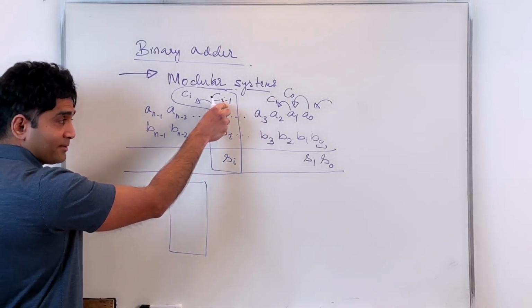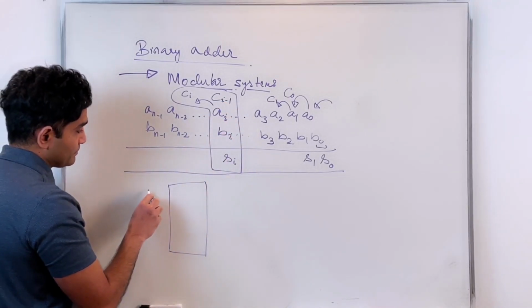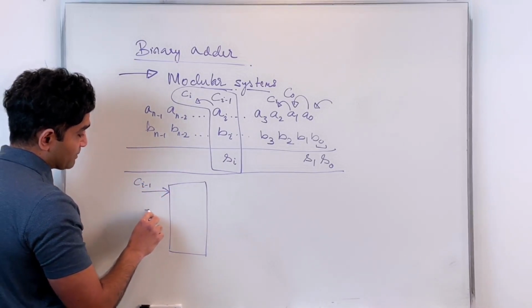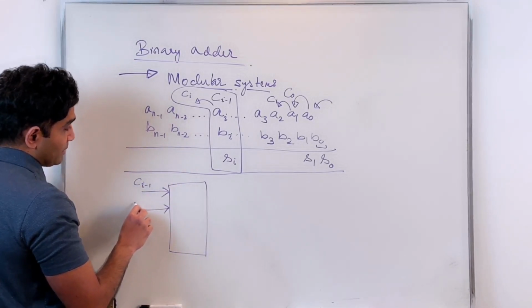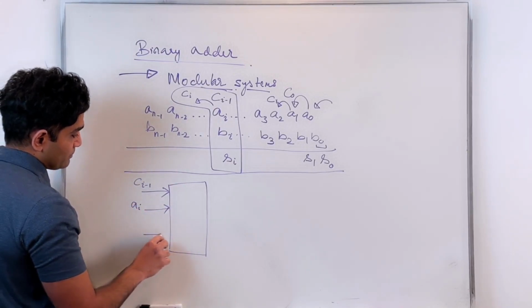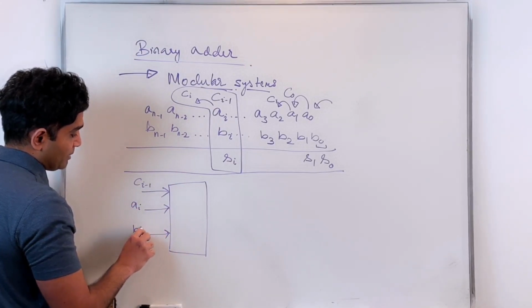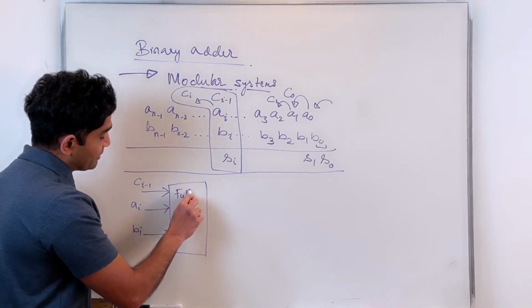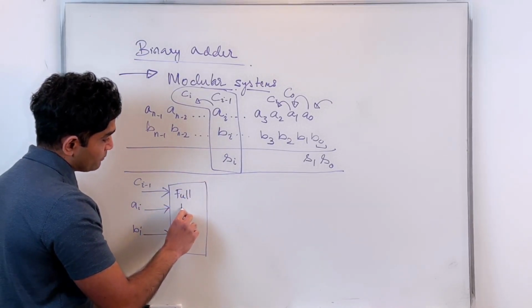Ci minus 1 is an input, Ai and Bi, right? And because we are adding those 3 bits together, that's Ai, that's Bi. I will call this a full bit adder, a single full bit adder.